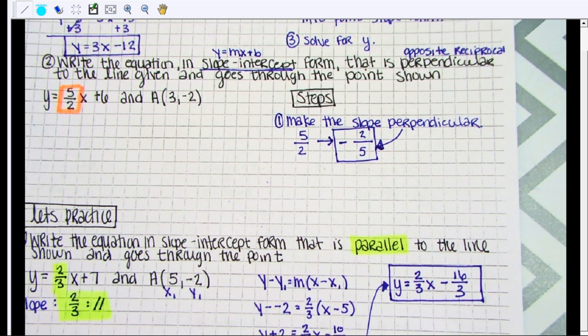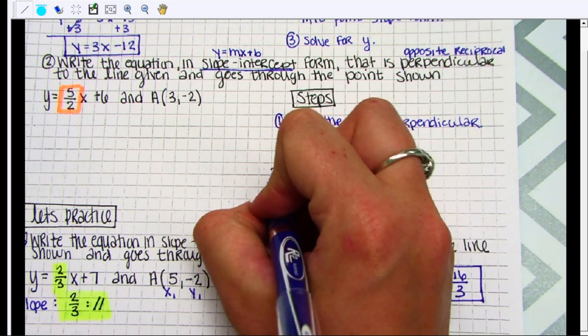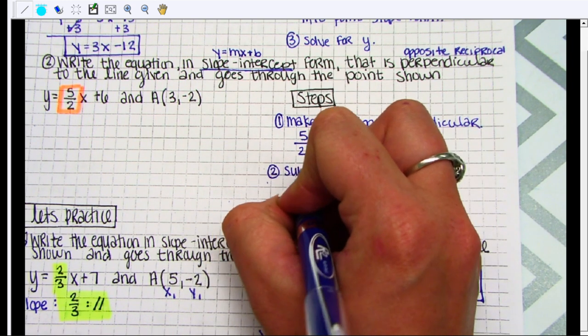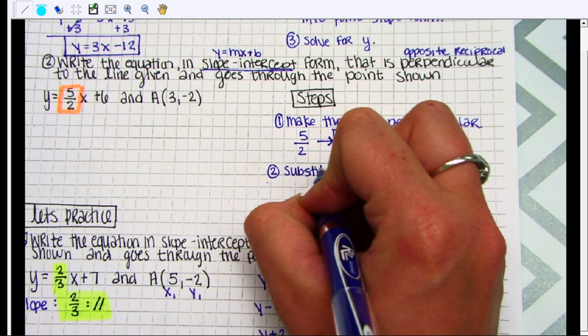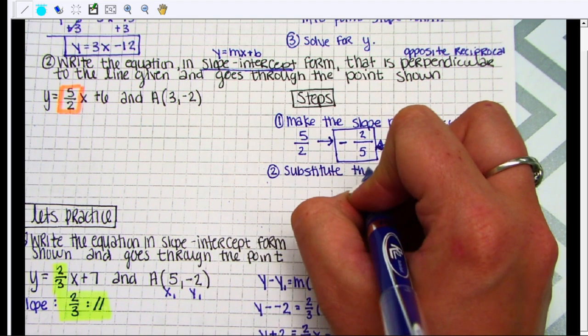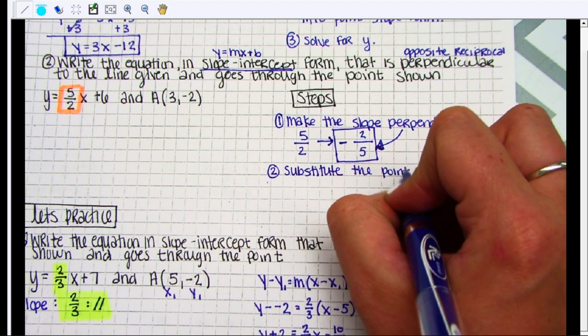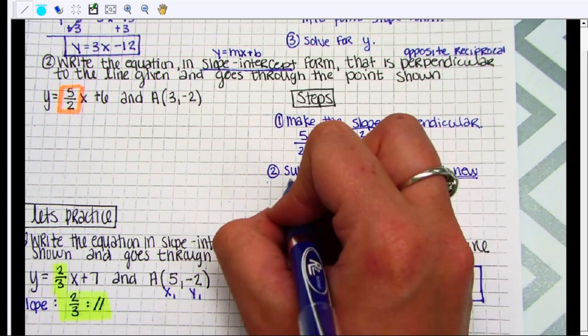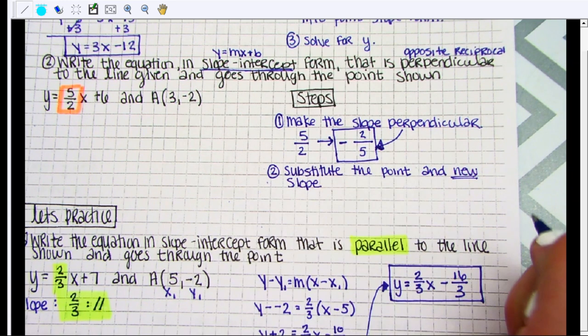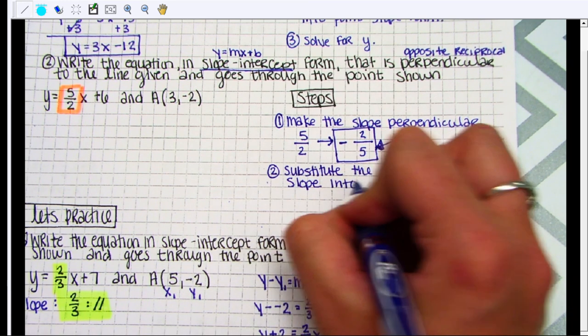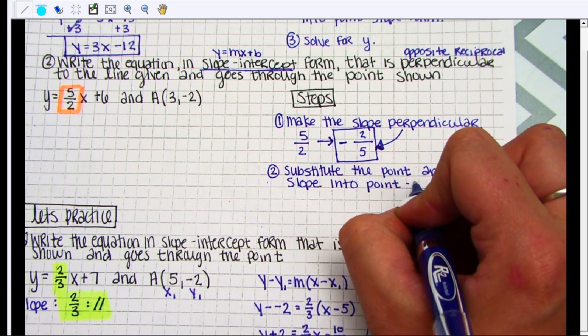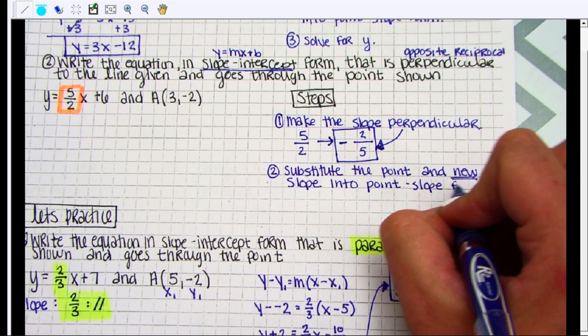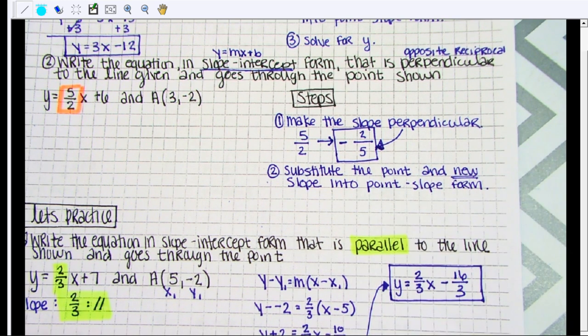All right, the next steps, they're literally the same thing. Step 2. Substitute the point and new slope, because we now have a new slope, it's not the same anymore, into point slope form. We want to use our new slope.